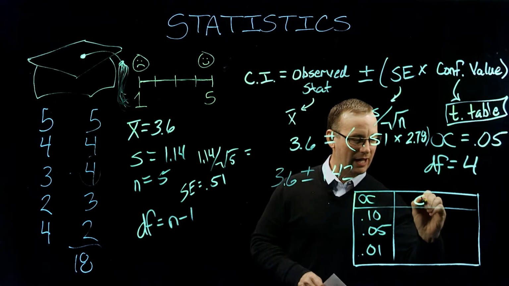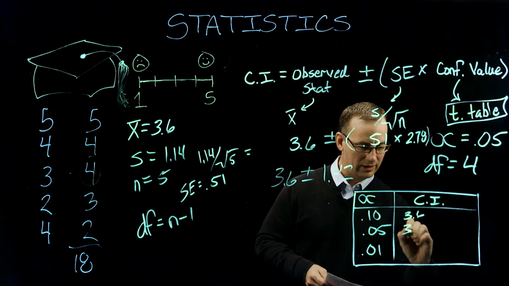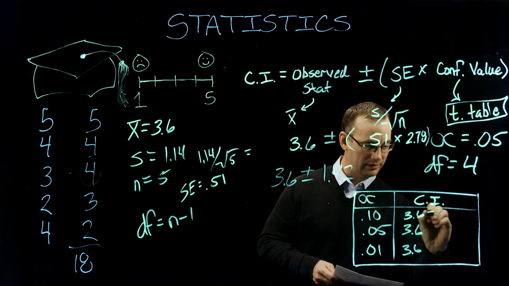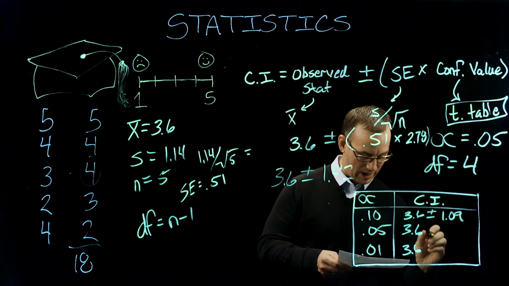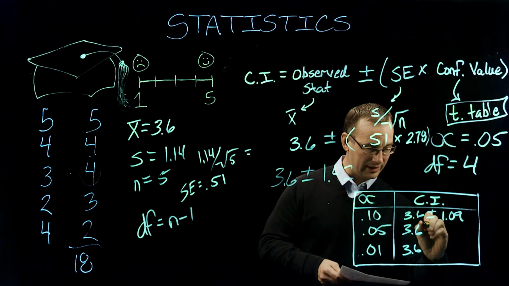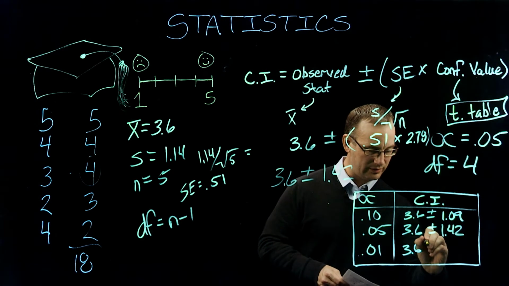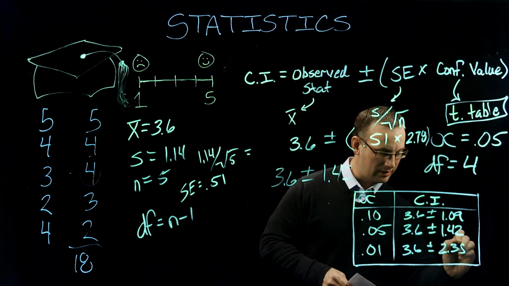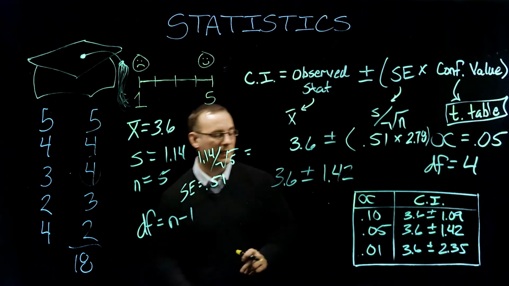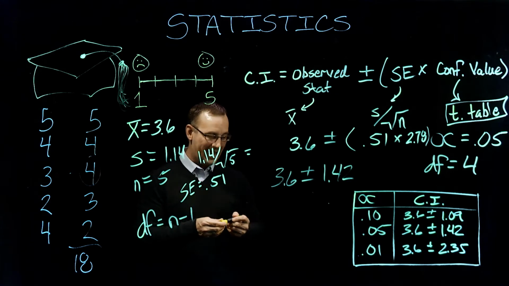For each of them we have the same mean, plus or minus 1.09, then 3.6 plus or minus 1.42, and then 3.6 plus or minus a larger value at 99%.